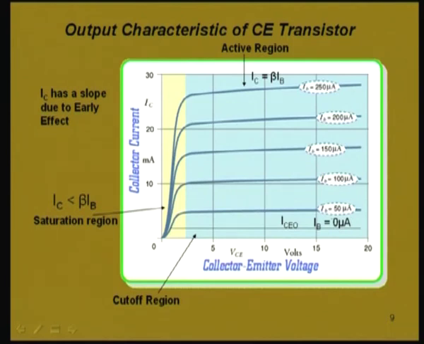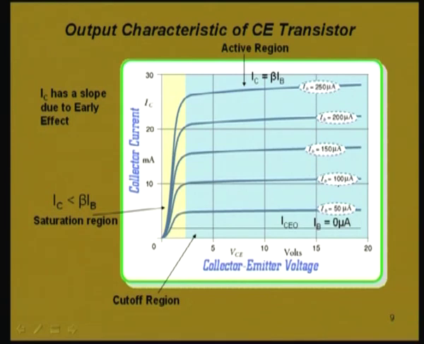Now, IB is varied from say 0 onwards. When IB is 0, we do not have any base current, and the equation of the collector current is IC equal to beta times IB plus beta plus 1 into IC naught.